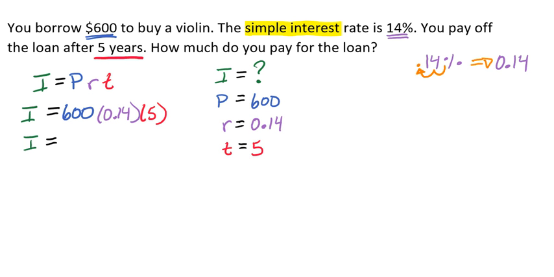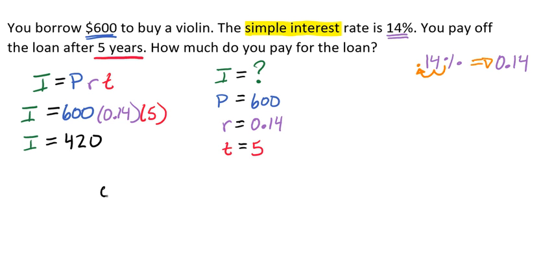So if we plug 600 times 0.14 times 5 into our calculator, we come up with an interest value of $420. Now that's just what you're paying in the interest payments. So how much do you pay for the loan? Well, you have to pay the loan back too.